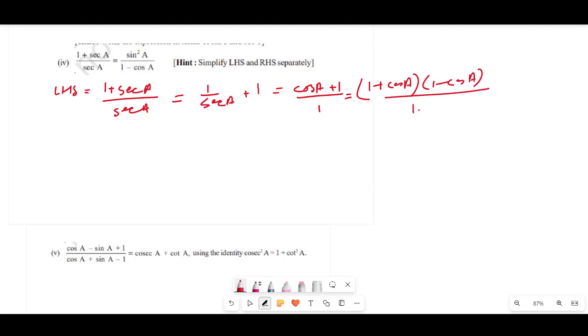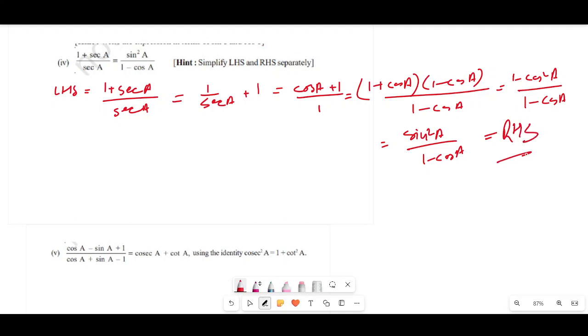Now the numerator will be 1 minus cos square a, and the denominator will be 1 minus cos a. Clear? 1 minus cos square a is taken as sin square a. So sin square a upon 1 minus cos a, and this is the right hand side of the given question. Clear?